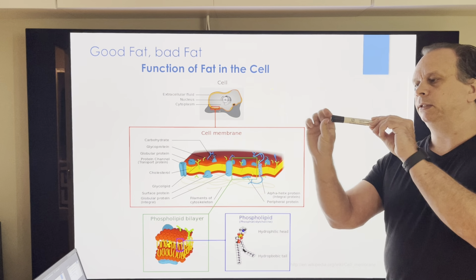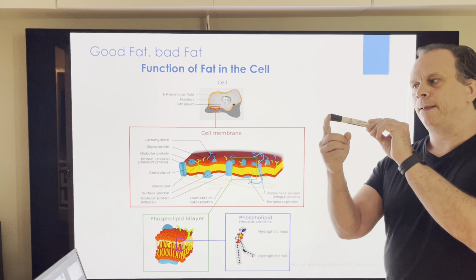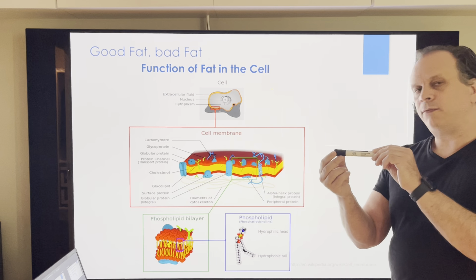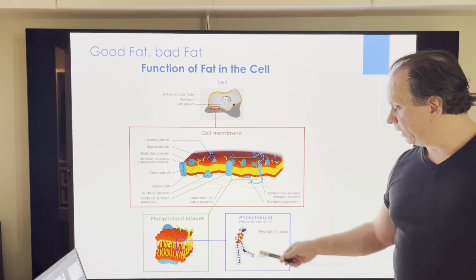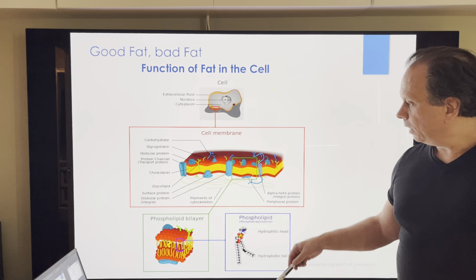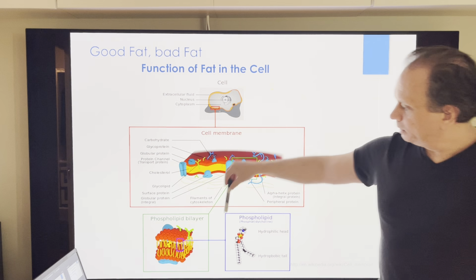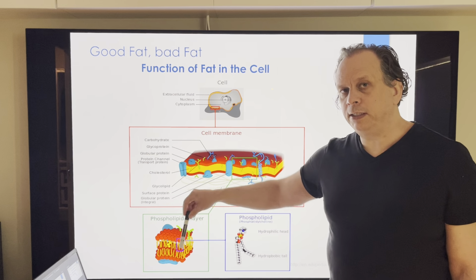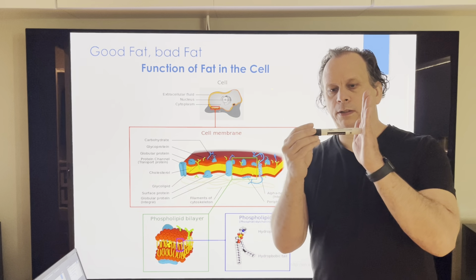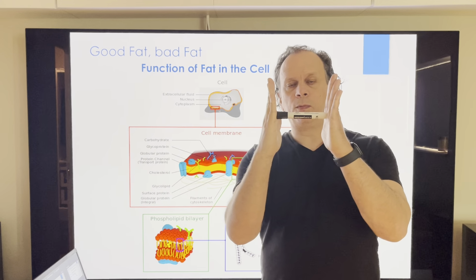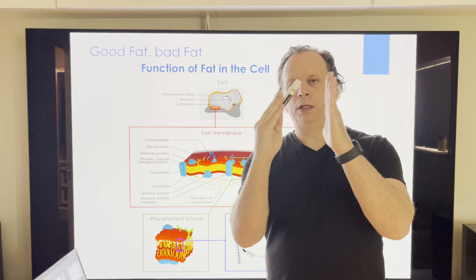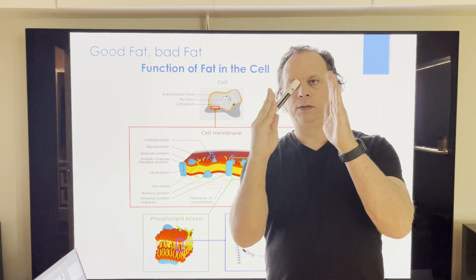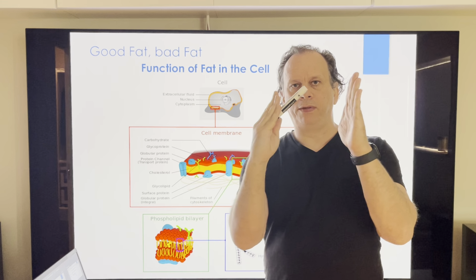So if that one is 18 carbons long, if you're going to have an unsaturated fat, which you see here, they're bent. And they both are supposed to reach in the membrane the same length. The unsaturated one needs to be longer to have the same reach. If you have a straight one like this, the one that is bent will not reach this side. So it needs to be a little bit longer to have the same reach.